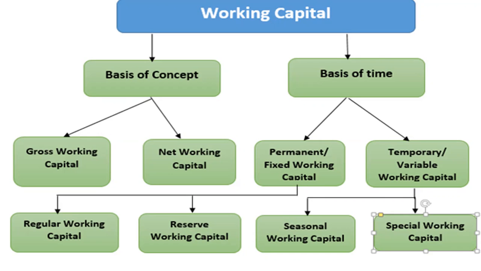Permanent working capital is categorized into regular working capital and reserve working capital. And temporary or variable working capital is categorized as seasonal working capital or special working capital. So remember what comes under what, because odd-one-out questions can also be asked from this classification chart.